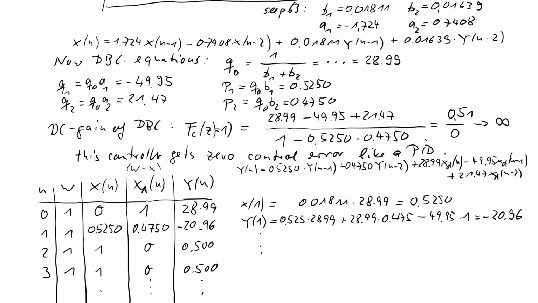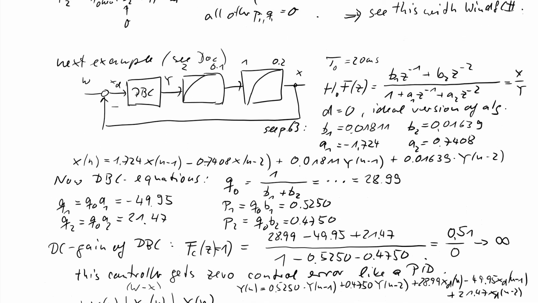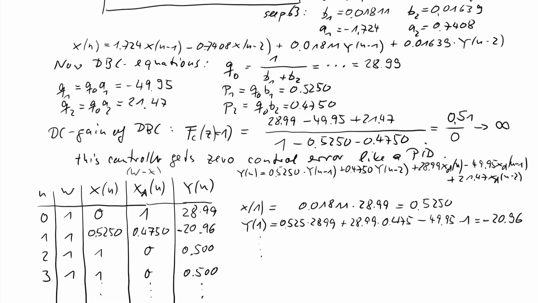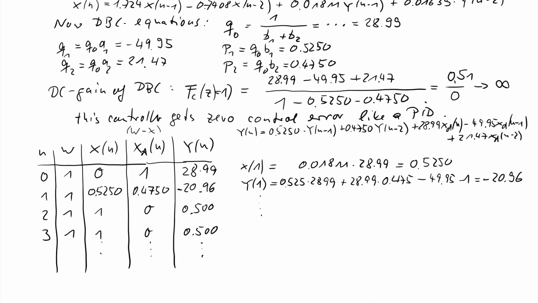This is the value 0.5, the value which is necessary to hold the output at 1 if the gain of the process is 2. We need here 0.5 times 2, which gives a 1 for stable situations. So this is the situation. We have a controller output value which looks like this.